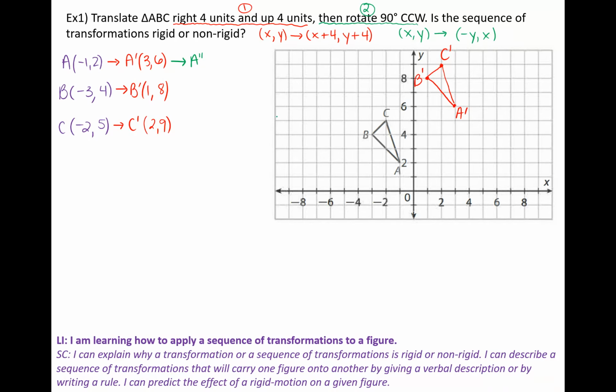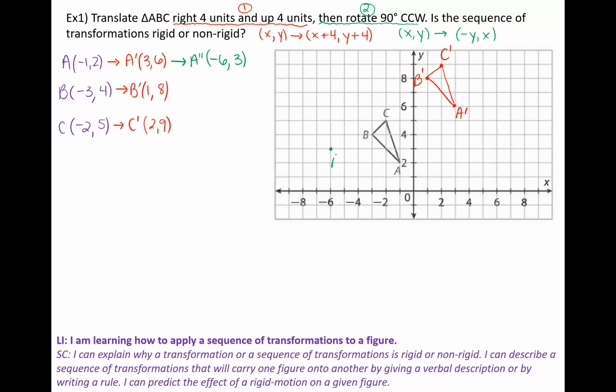So a double prime is going to take, like the rule says, a negative, then the Y value, and then my X, which is 3. I'm going to put that on the graph. A double prime is at -6, 3.